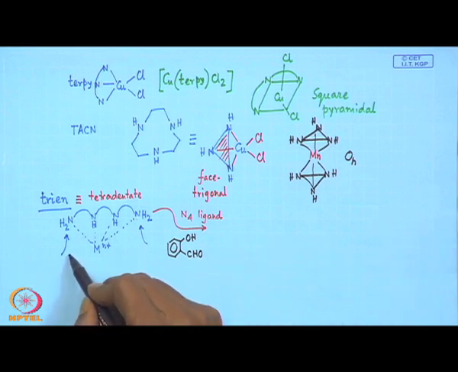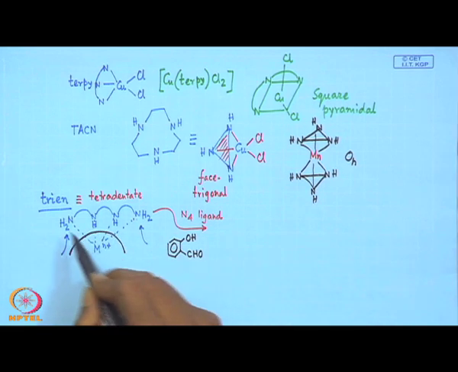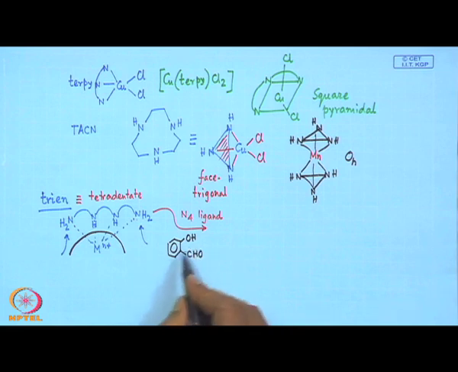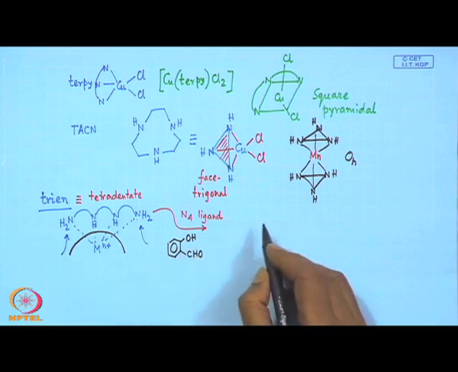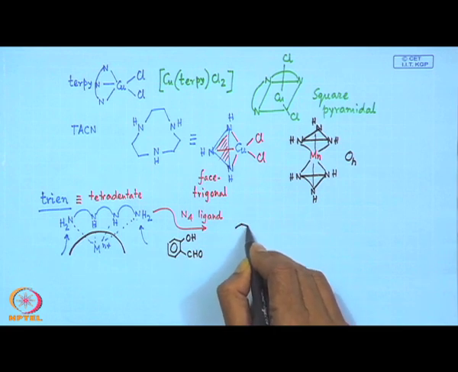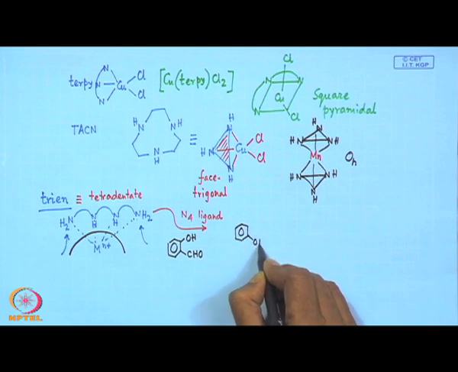So, not from the ligand itself, but for the triene. So, triene when reacts with 2 molecules of salicylaldehyde, we get the corresponding hexadentate ligand, which is a very useful ligand.